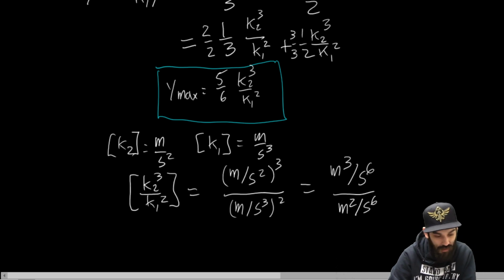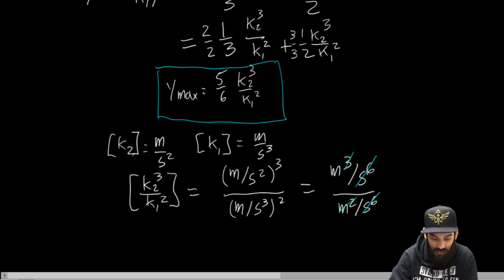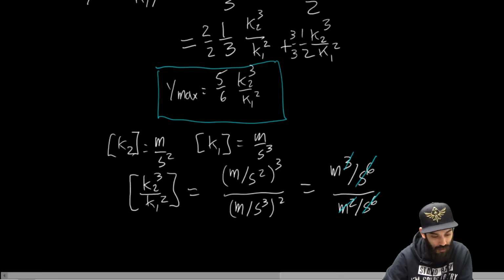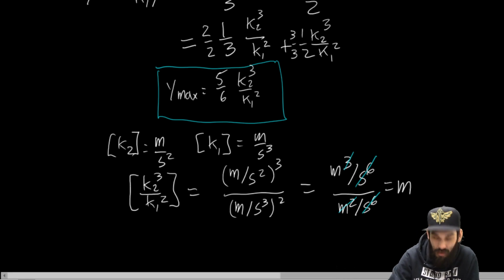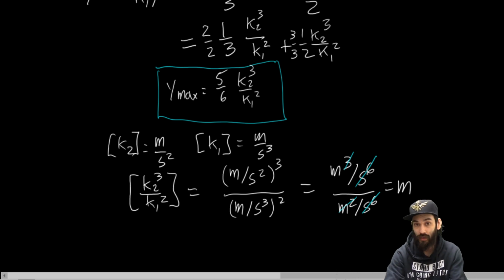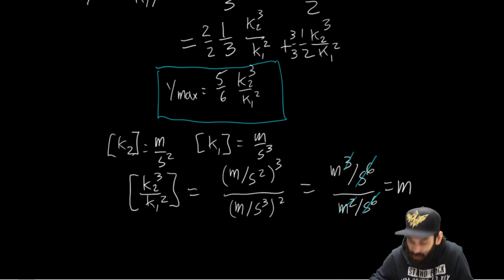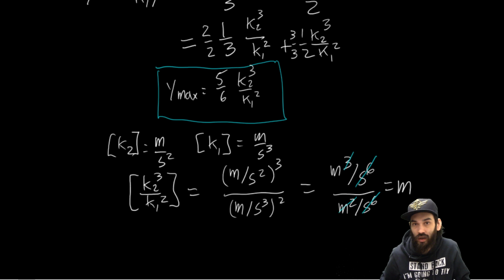We can cancel our seconds to the 6, we can cancel 2 factors of meters, and what we're left with is units of meters. And that's exactly what we need, because we're solving for a height, something that has units of meters. So that's a nice way that we can use our dimensional analysis to check our answers.